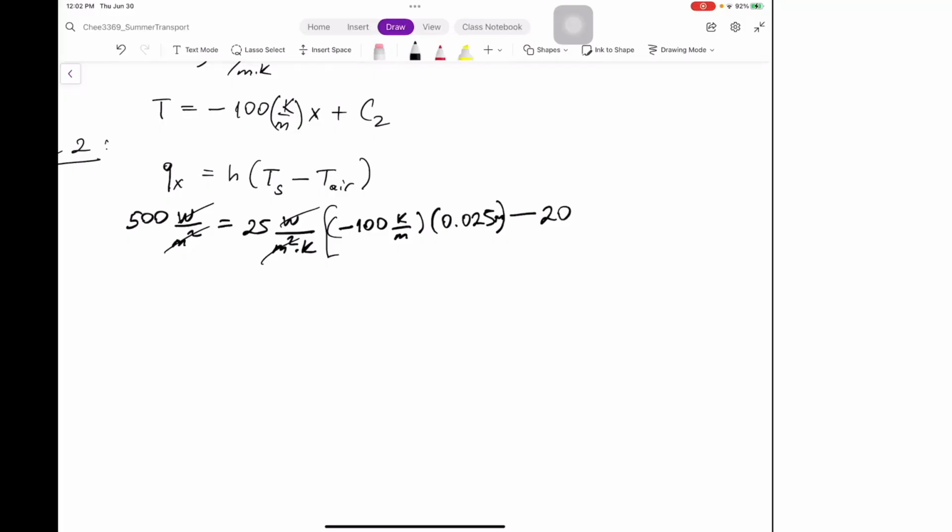So you want to work with Kelvin, so let's work with Kelvins. That's 293 Kelvin. Oops, what did I forget? I forgot the C2. I forgot the C2.